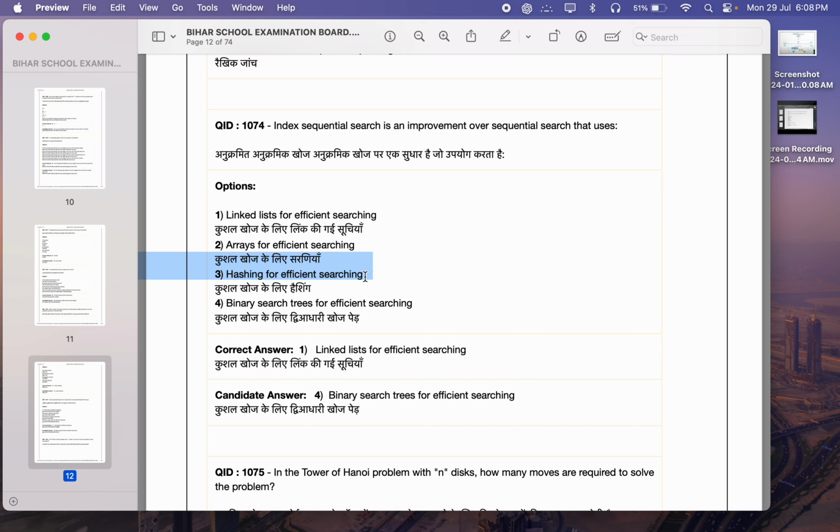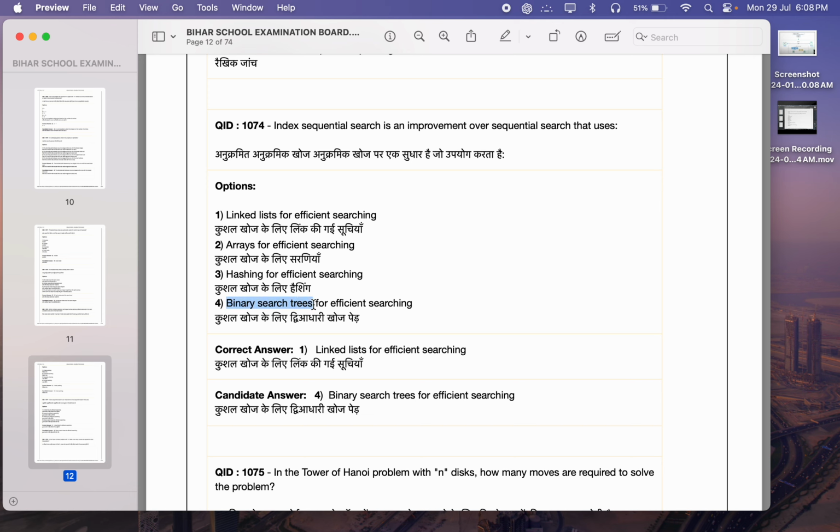In hashing we can find the element directly, right? In a binary search tree, it's not actually index search.